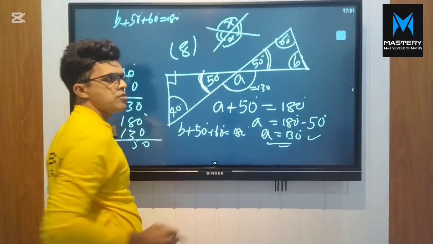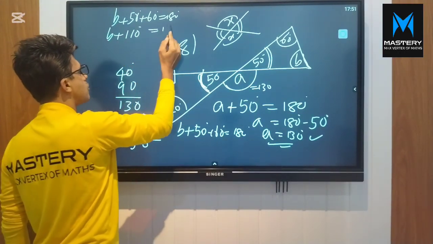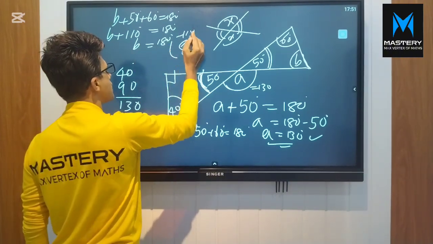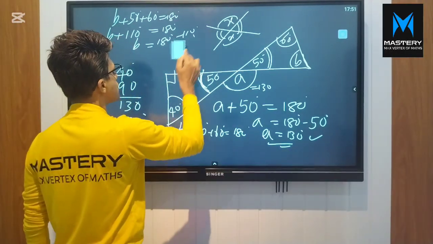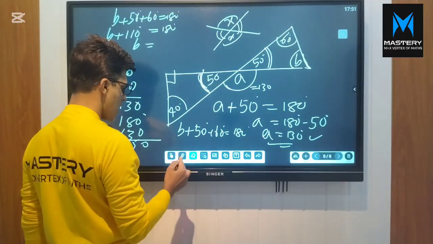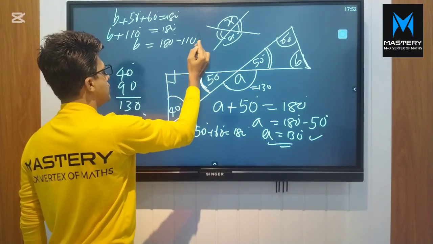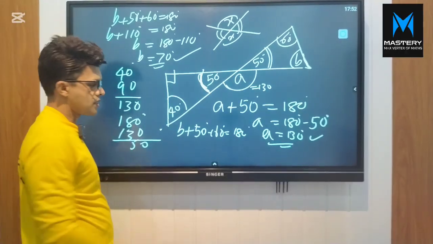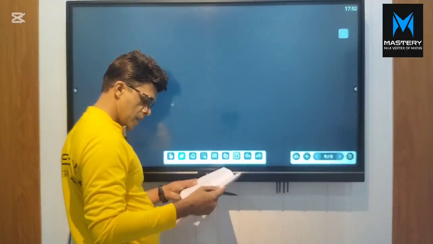Now you could get the value of b. 50 plus 60 is 110 degrees, which equals 180 degrees minus b. So b equals 180 degrees minus 110 degrees, which is b equals 70 degrees.